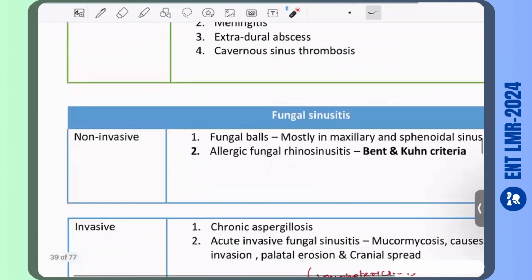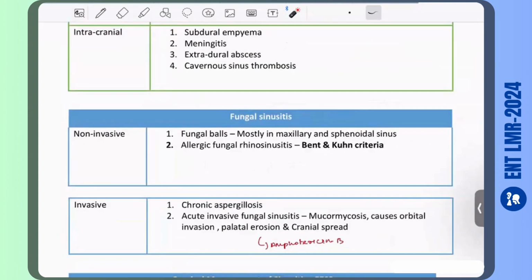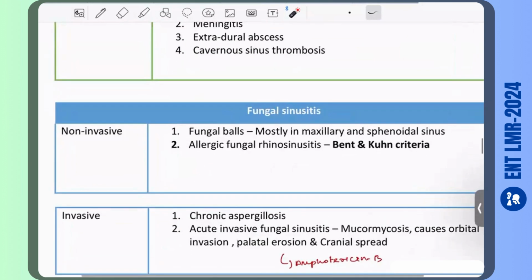Okay. Now the most important part, fungal sinusitis. See, the normal sinusitis that we get after head bath, these are all bacterial sinusitis. This fungal sinusitis can happen in some diabetic patients and others. Okay. If it is a non-invasive fungal sinusitis, it could be a fungal ball or allergic fungal sinusitis. Fungal ball mostly happens in a voluminous sinus such as maxillary sinus and sphenoid sinus.